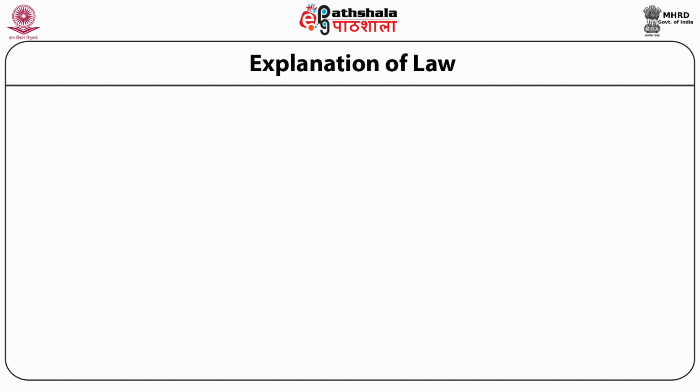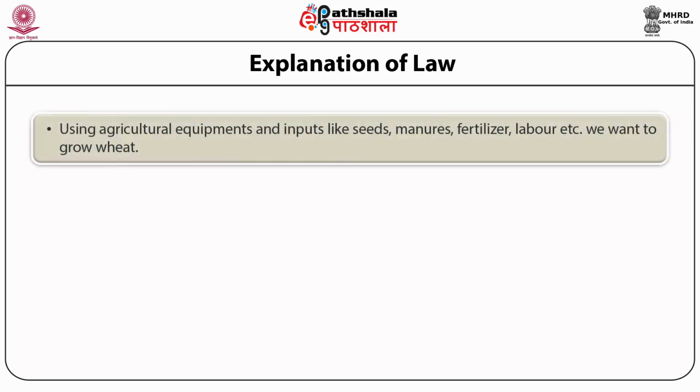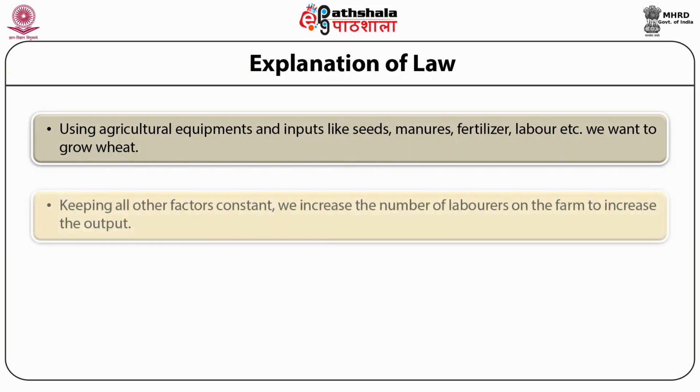Explanation of the law. Suppose we have a farm measuring 1 hectare of land using agricultural equipment and inputs like seeds, fertilizers, labor, etc. We want to grow wheat. Keeping all other factors constant, we increase the number of laborers on the farm to increase the output.